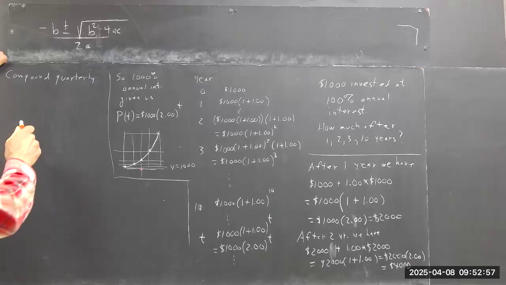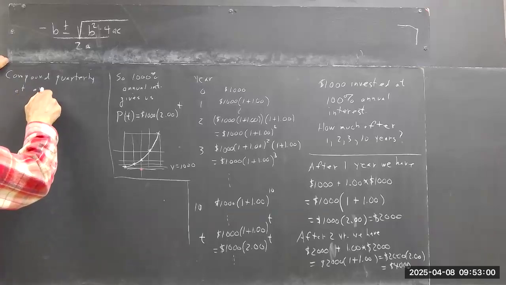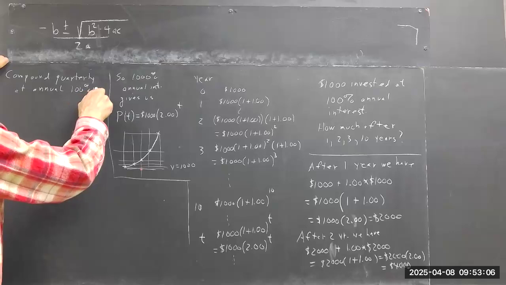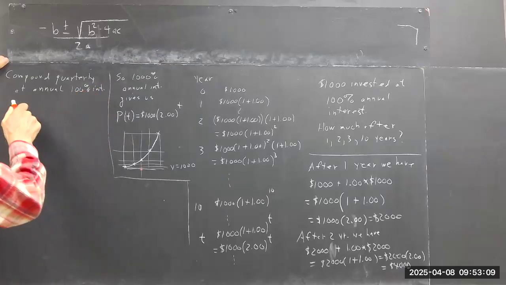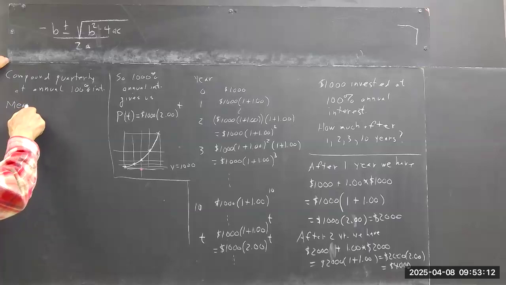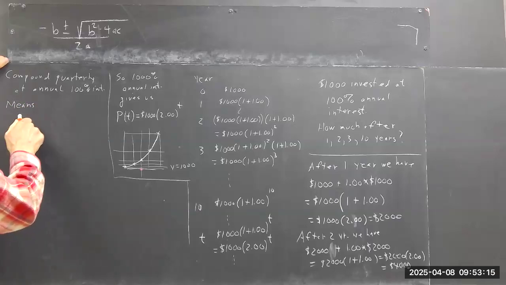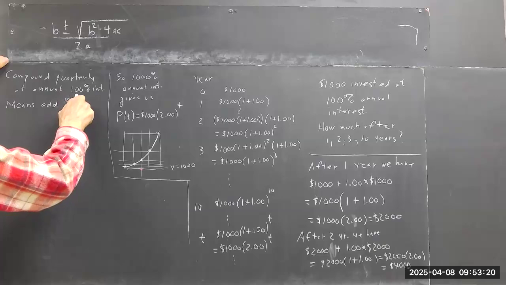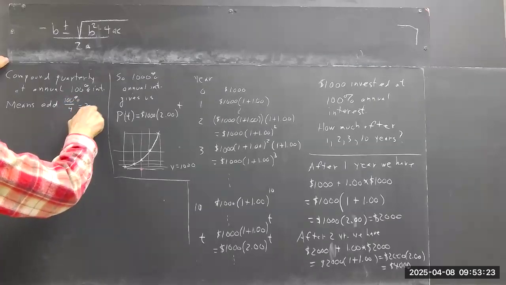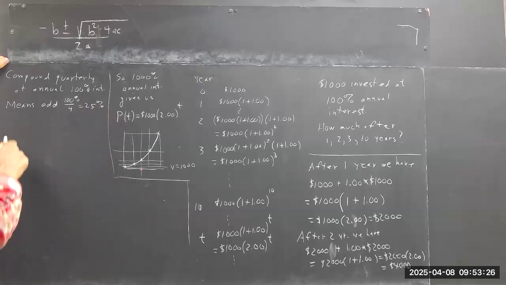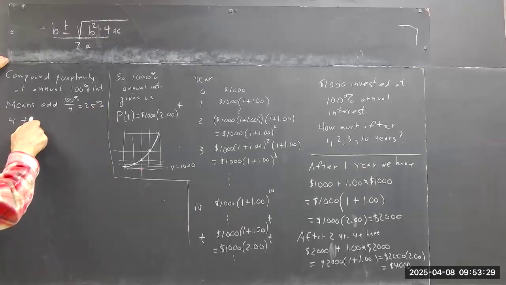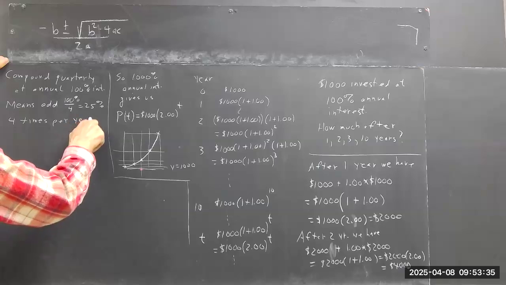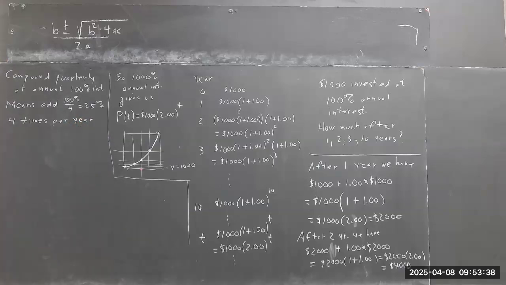That means that the annual 100% interest means add 100% over 4, which is 25%, four times per year.